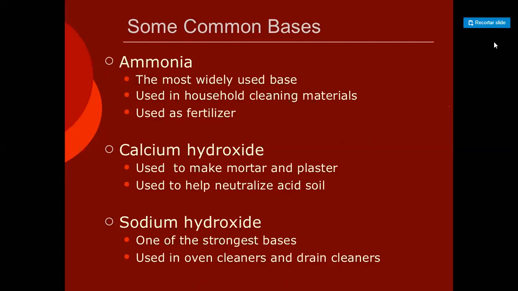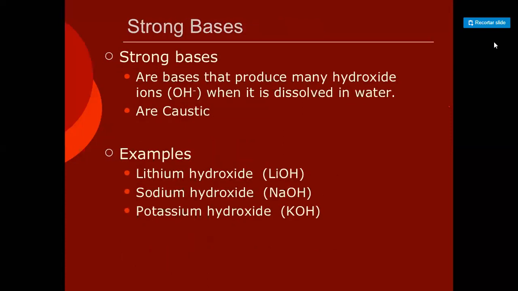Calcium hydroxide is used to make mortar and plaster, and it is also used to neutralize the acidic content in soil. Sodium hydroxide is one of the strongest bases and is used in cleaning ovens. It is used in drain cleaners. Drain cleaners contain a high level of sodium hydroxide, and it is also present in kitchen cleansing agents, soaps, and detergents.